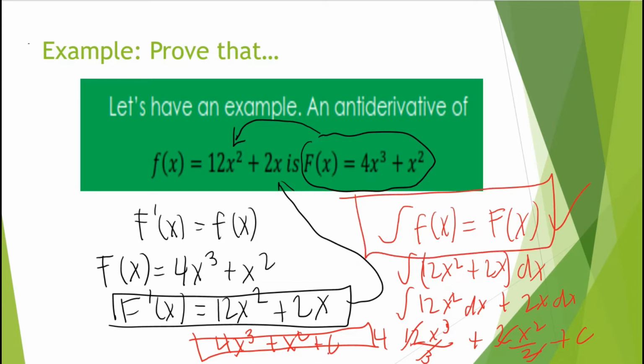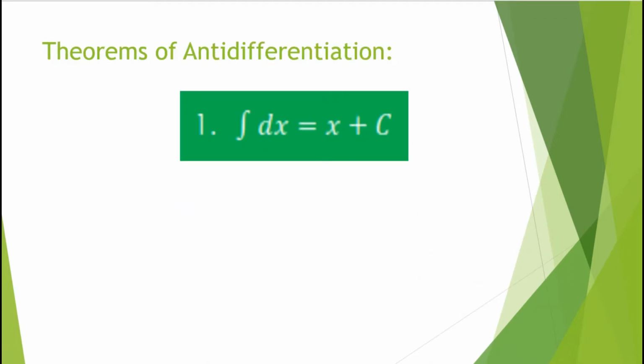Okay, para maintindihan yung anti-differentiation or integration, pumunta tayo sa mga theorems of antidifferentiation. Meron tayong 4 na common. So the first theorem is the integral of dx is equal to x plus c. Magbigay tayo ng example. So let's say we want to take the integral of 5 dx.